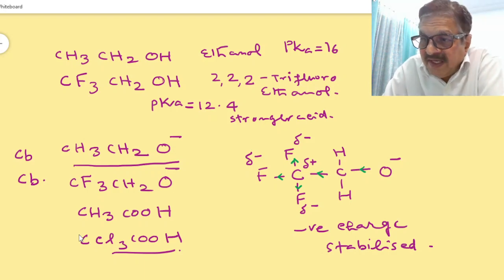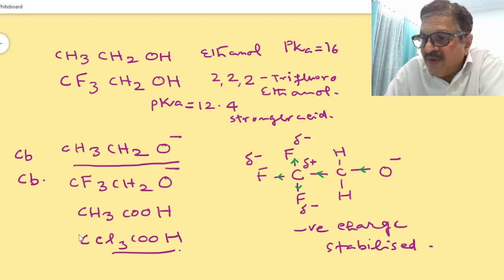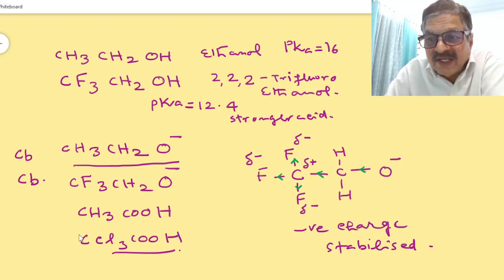Now the inductive effect means the pull of electron density. Electron density is being pulled through sigma bonds. It is caused by the electronegativity differences of the atoms. Here we have the carbon, oxygen, fluorine, etc. The fluorine is more electronegative.